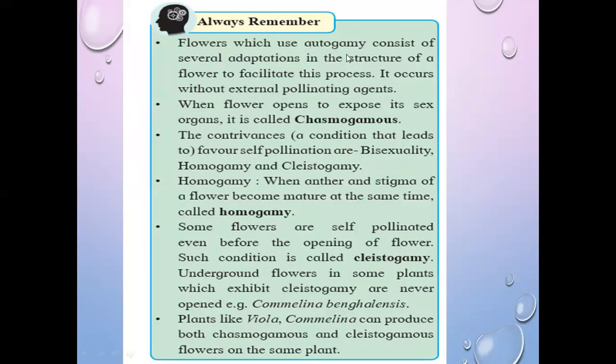Whatever the flowers showing autogamy, that is self pollination, they are adapted to facilitate that process, and there is no involvement of external pollinating agents, means non living जे आहे water and wind, through water and wind they show autogamy. Now when the flowers open to expose its sex organs, it is called as chasmogamous. When flowers open to expose its sex organs, means the purpose of opening of flower is to expose their sex organs like either androecium or gynoecium. At that time that flower is called as chasmogamous.